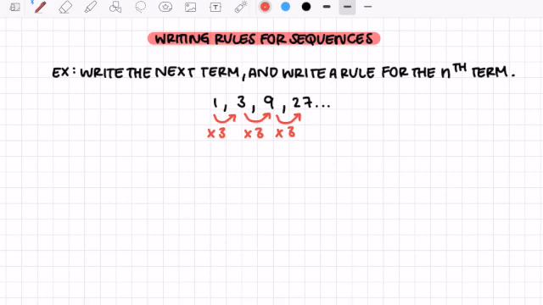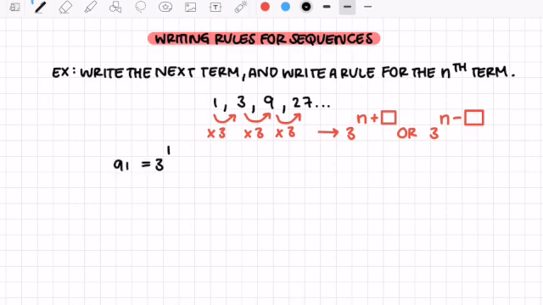So if the change is multiplication, I want to use exponential powers. So 3 to the power of n plus something, or 3 to the power of n minus something should probably work for it. If I try this out, I have here 3 to the power of 1, and this is going to be for a1.